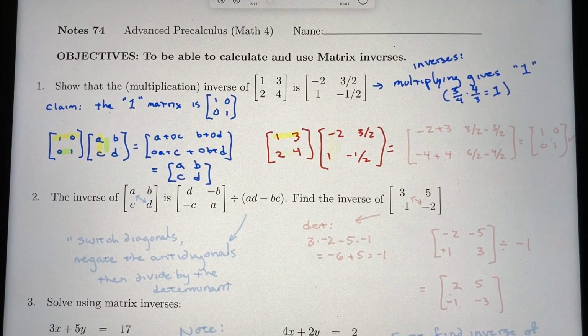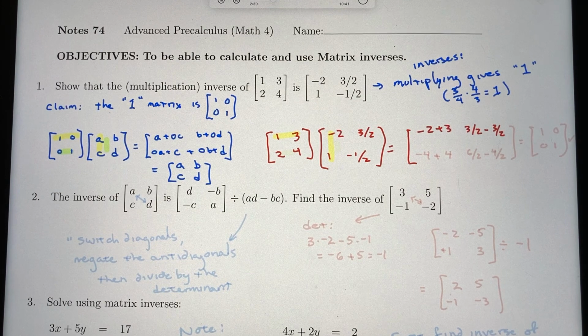Again, rows, columns, getting used to that. Let's see. I'll just put it in the box. -2 plus 3, and then 3/2 minus 3/2. Well, that's good.